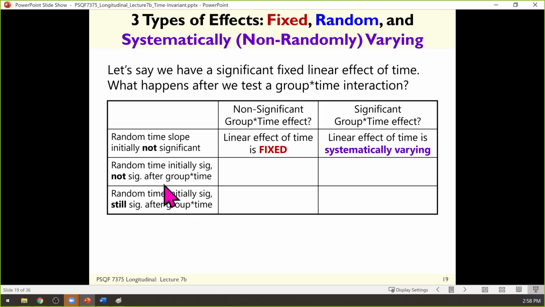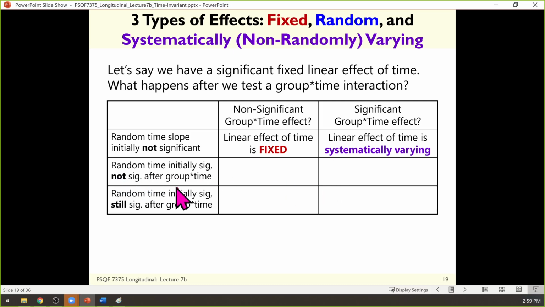Second row here, different situation. Let's say that we go through our process of growth modeling, we test our fixed and random effects of time, and we do have random time slope. Individual differences in change. Okay, let's see how much of that is due to my intervention by putting in group by time as a new cross-level interaction fixed effect.